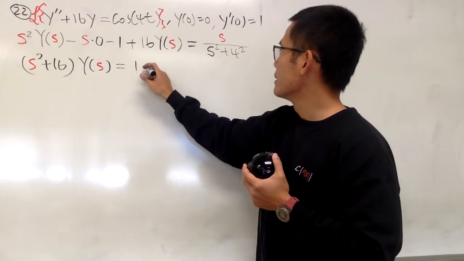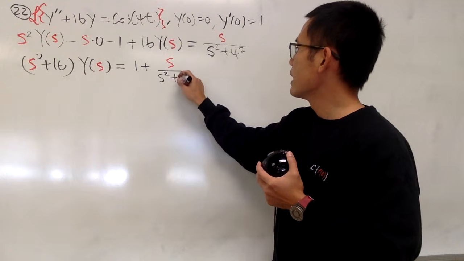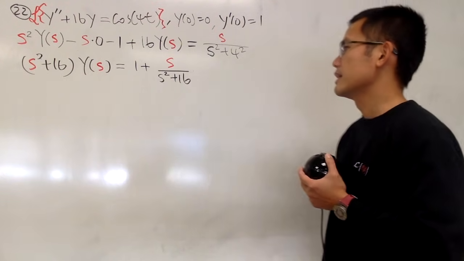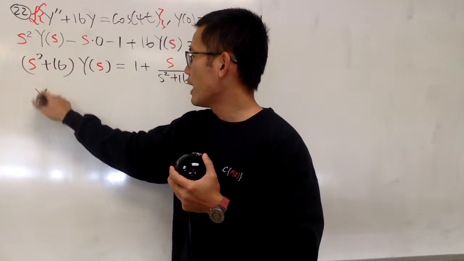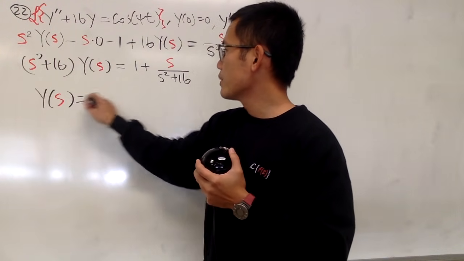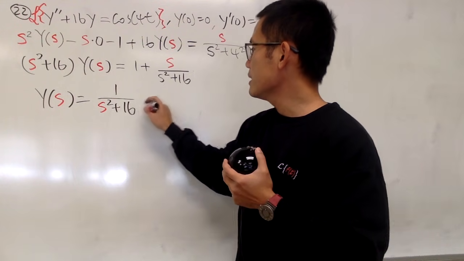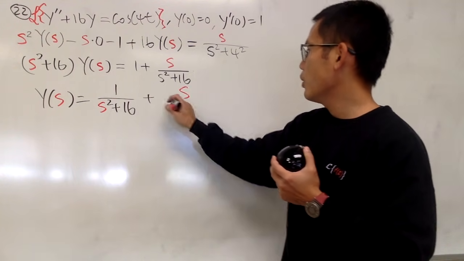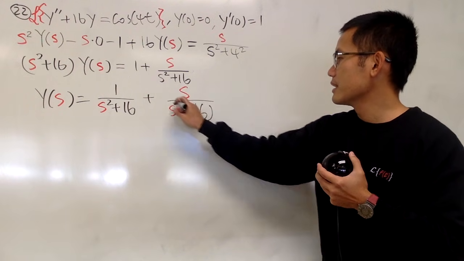So we have 1 plus s over s squared plus 16, like this. Okay, divide everybody by that. So we get y of s equals 1 over s squared plus 16 plus s over s squared plus 16 squared, like this.